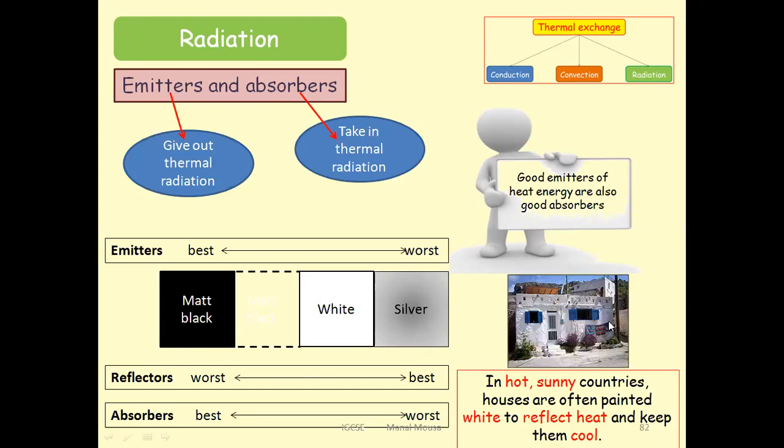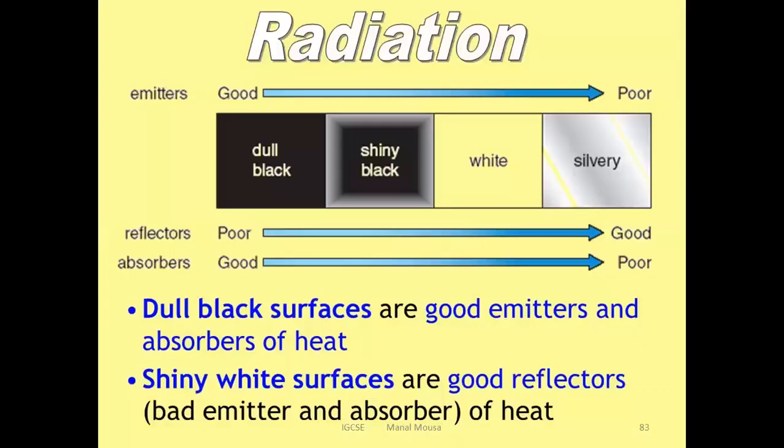One of the applications is that they paint houses with white color in hot countries. This will help to reflect most of the radiation to keep the inside of the home at a low temperature.